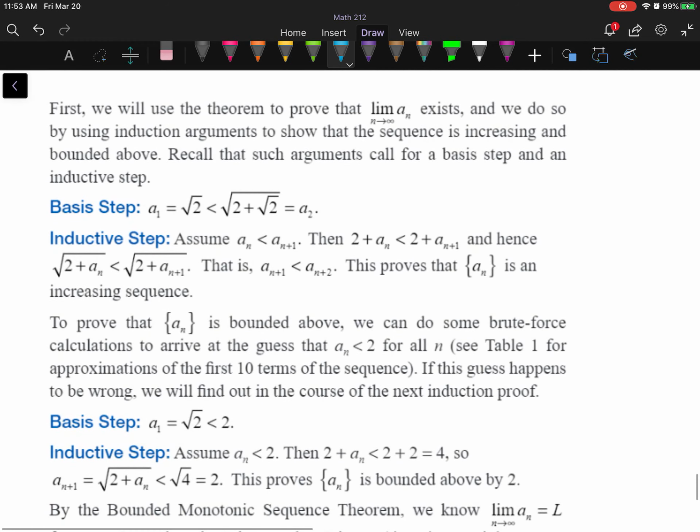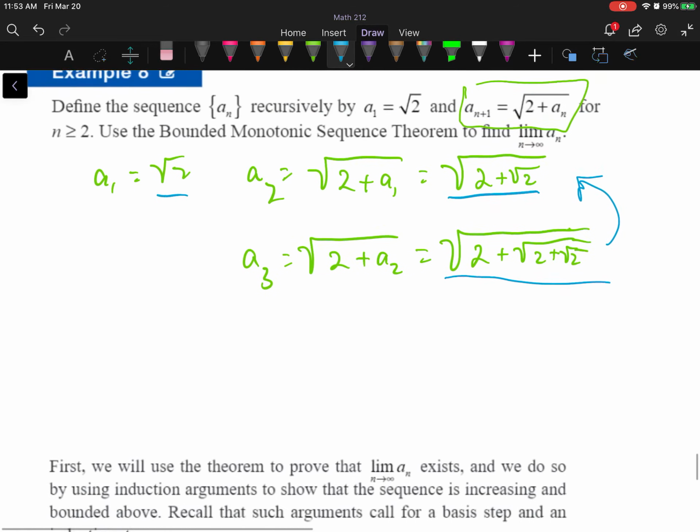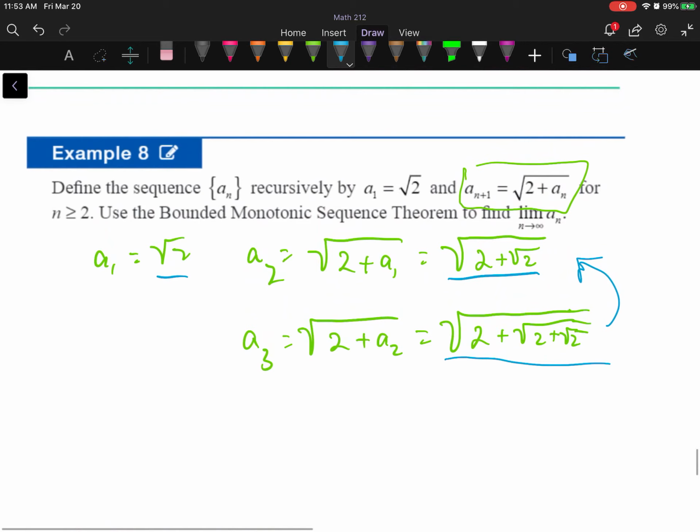This is what it looks like in terms of induction. This is what we would do in a more formal math class, something upper level. And that says that we're increasing.